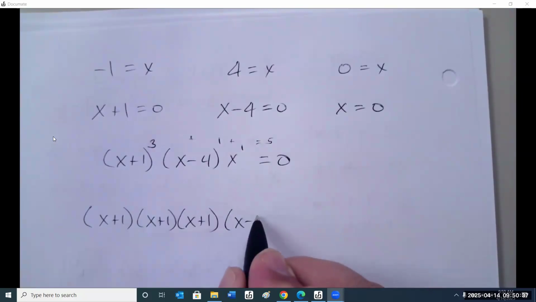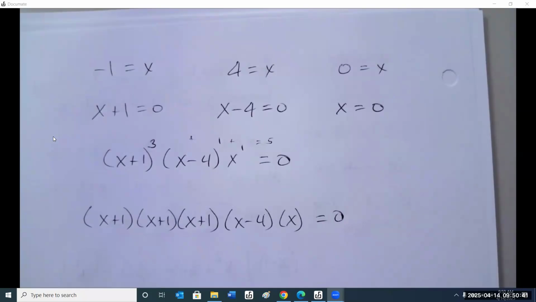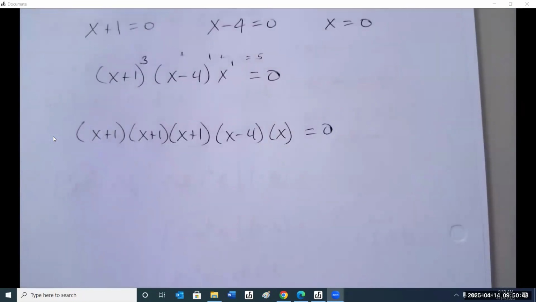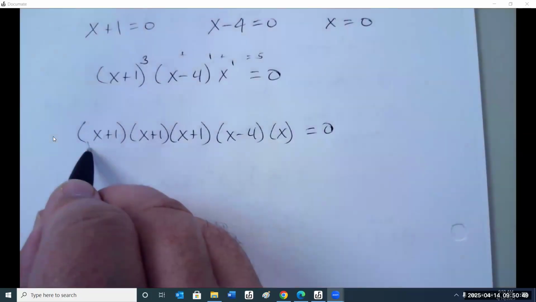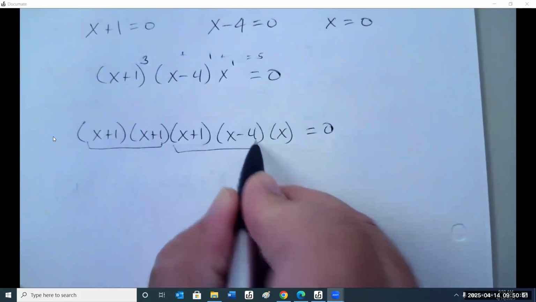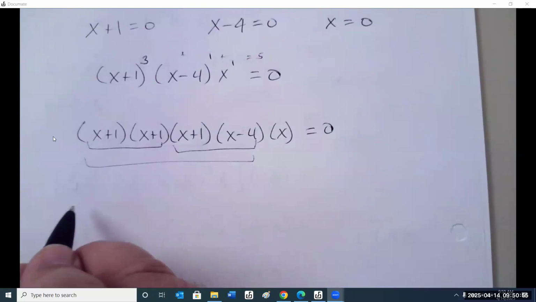So we have to do this multiplication. We do these two first, these two, then we put these together, and then multiply by x.